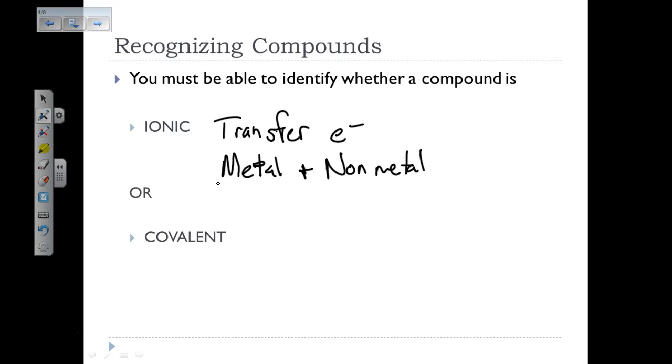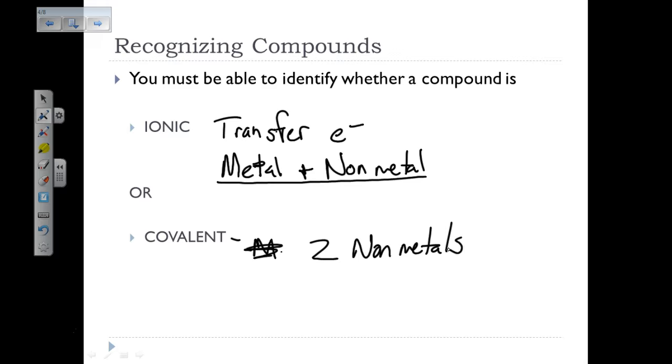So a metal and a non-metal. Now covalent compounds, or covalent molecules, are compounds that exist between two non-metals, and these share electrons.